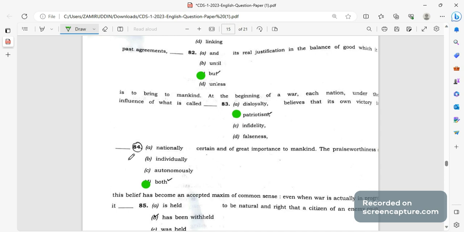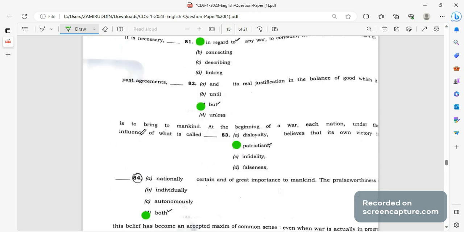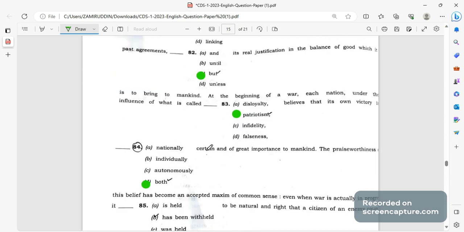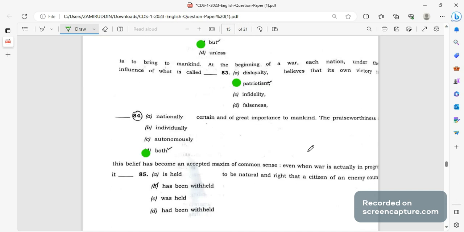So both certain and of great importance will be the right answer. And when we are dealing with nation, it is always about, so beginning of a war, each nation under the influence of what is called patriotism believe. Patriotism, हम देशभक्ति से हम बिलीव करते हैं कि that our own victory is both certain and of great importance to mankind. वो that depends on both the things.